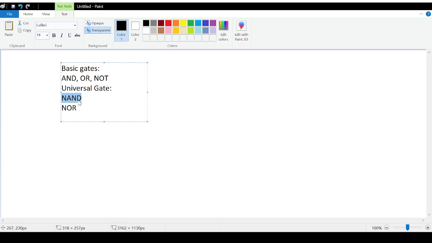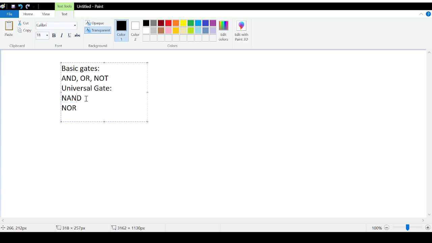If you can construct AND, OR, NOT using NAND gate, then you can construct any circuit. So using NAND, I can make AND, using NAND, I can make OR, using NAND, I can make NOT. You will not need any other gates, because any other gate that you need can be constructed using NAND.